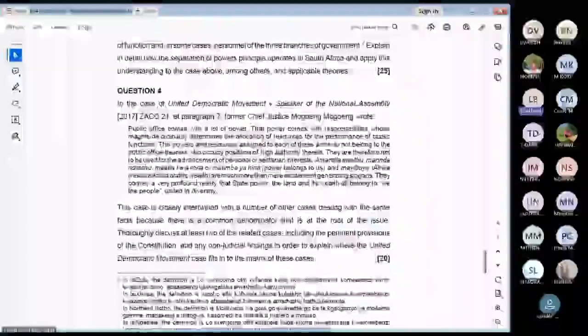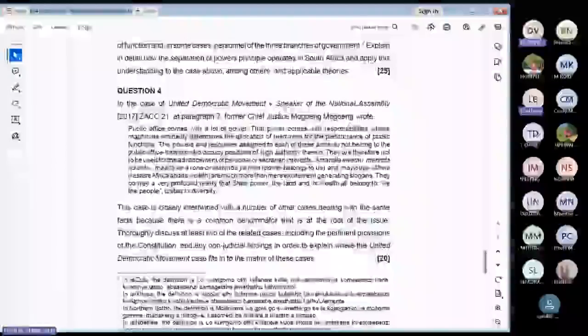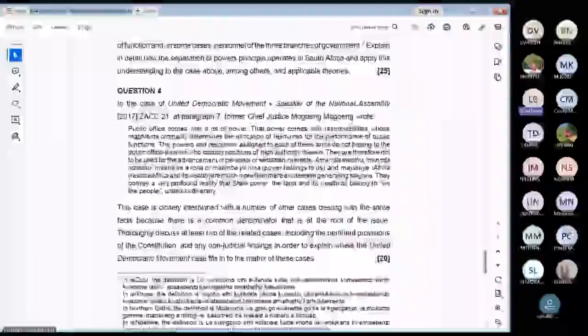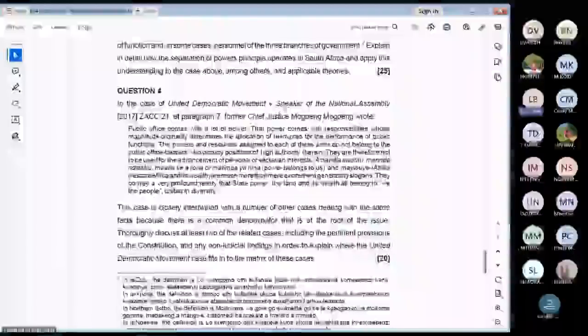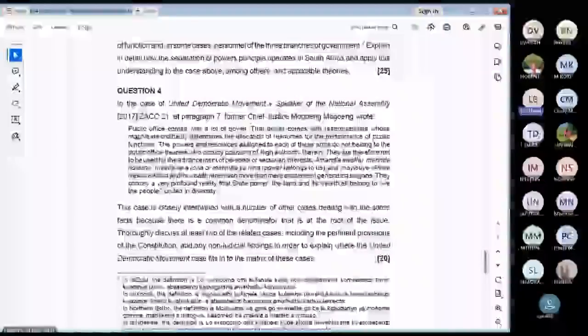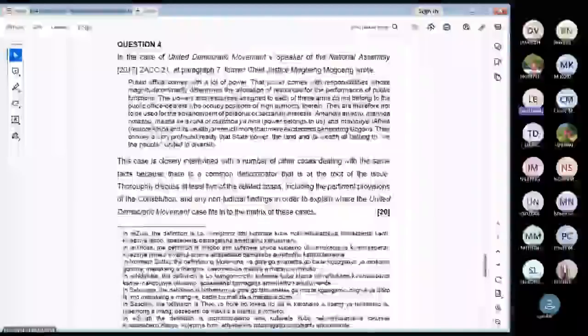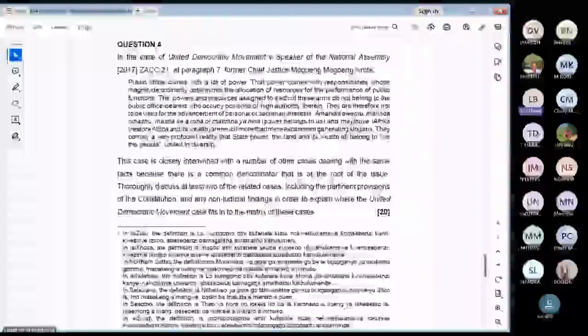And as a result, the president also decided to ignore the remedial actions prescribed by the Public Protector, which the court then considered a violation of the rule of law, as well as the executive members' ethics code. And the court then also emphasized that the remedial actions prescribed by the Public Protector are binding and should always be adhered to.